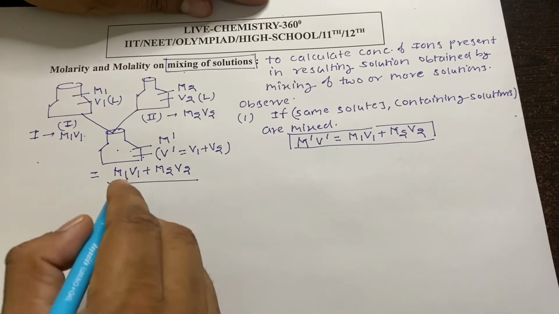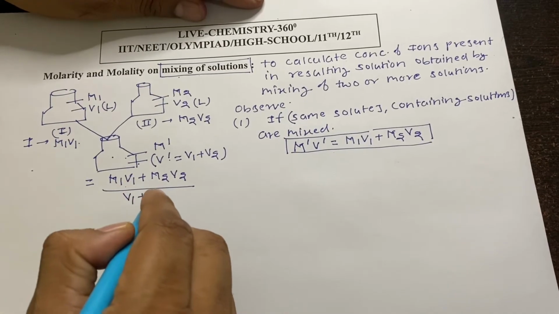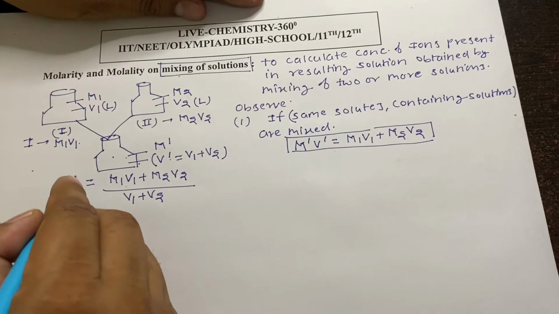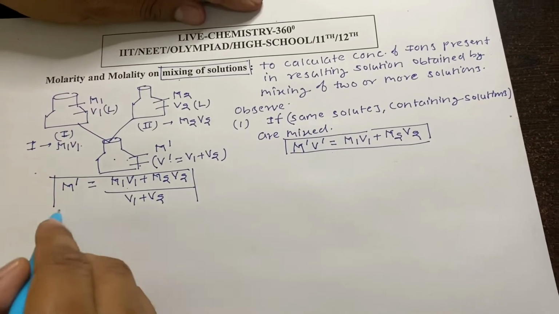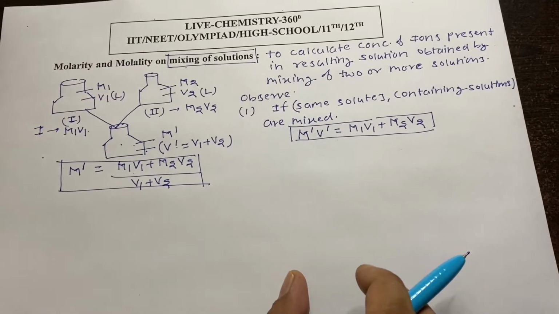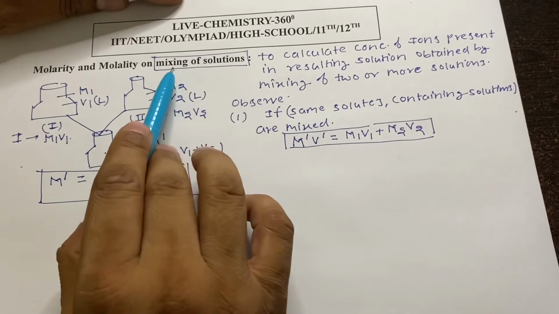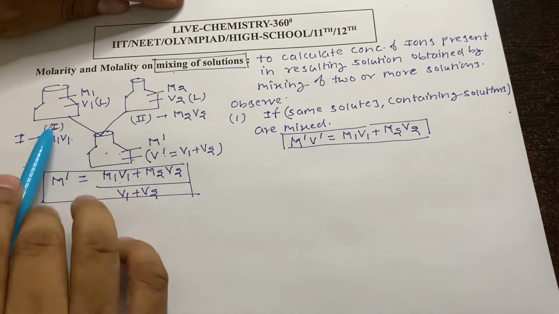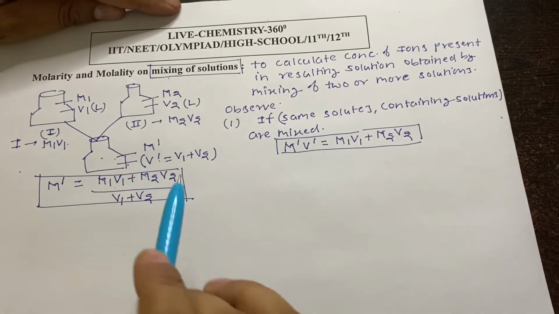We will divide this total number of moles by total volume, which is V1 plus V2, that is V dash, and we can write the relation that M dash is equal to M1V1 plus M2V2 upon V1 plus V2. So in case of mixing, we are just putting the total moles equal to the total initial moles, while the solutes are same.